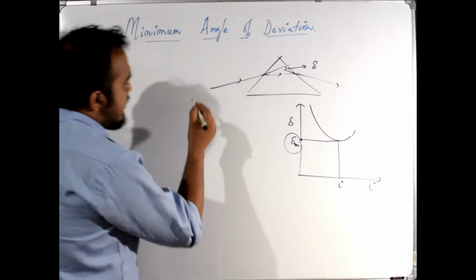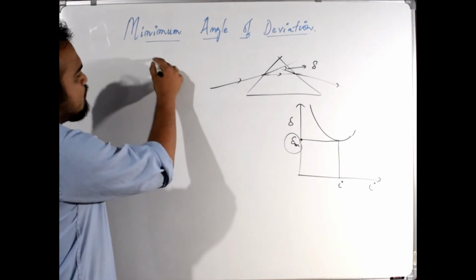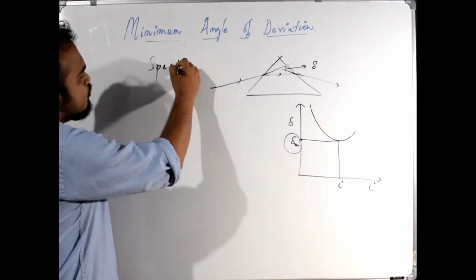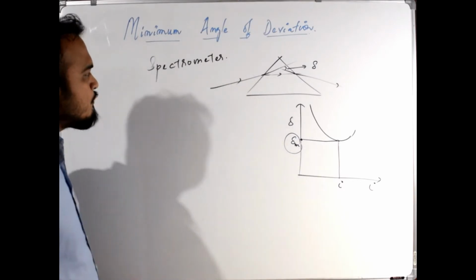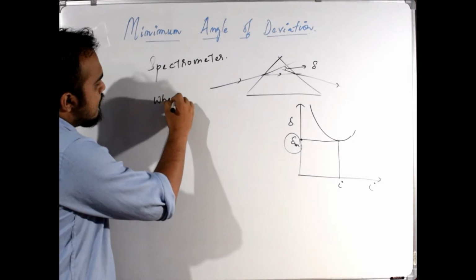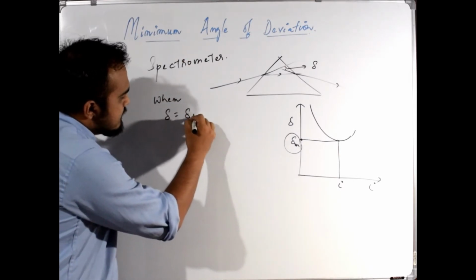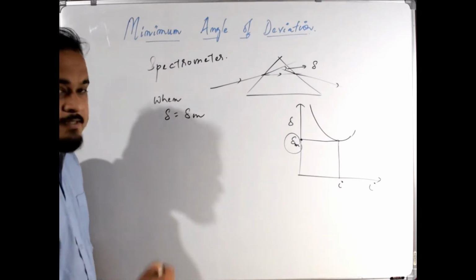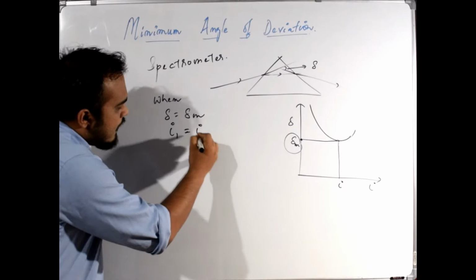It has been found using a spectrometer instrument that when delta is equal to delta m, I1 will be equal to I2.